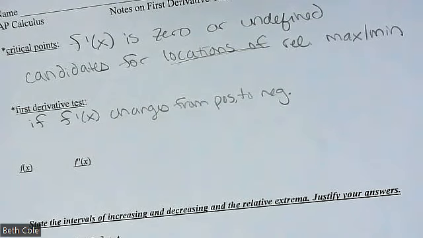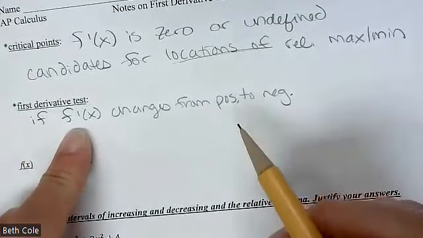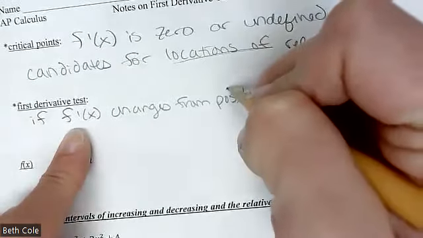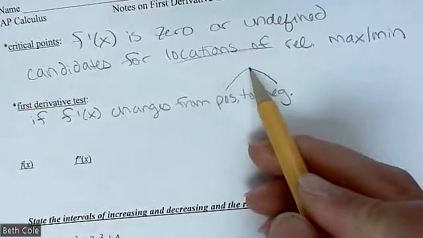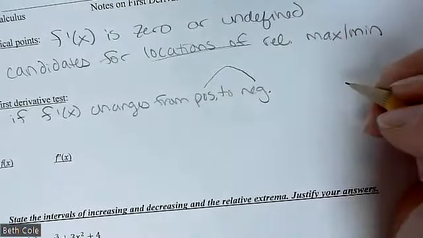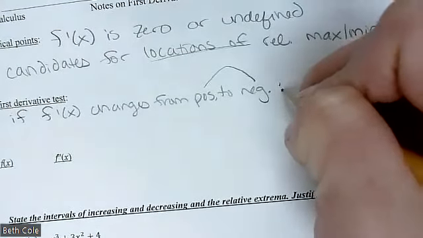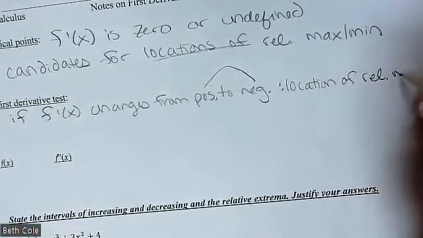Do you remember above sea level, below sea level, all that stuff? Okay. So if your f prime changes from positive to negative, that means your f of x changes from increasing to decreasing. And so that would give you a location of a what? Relative maximum. So location of relative maximum.